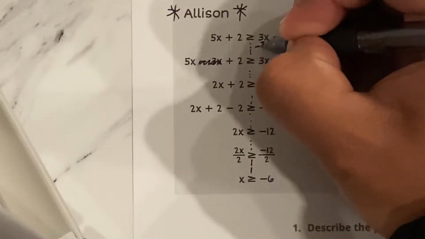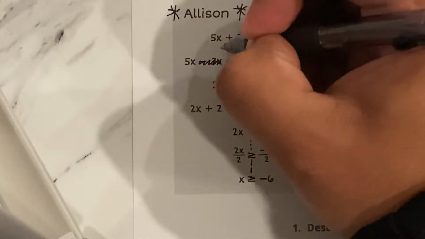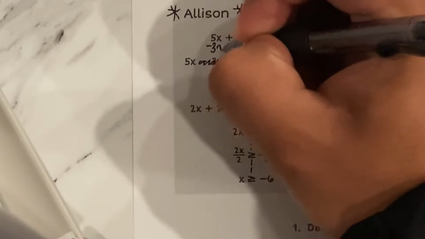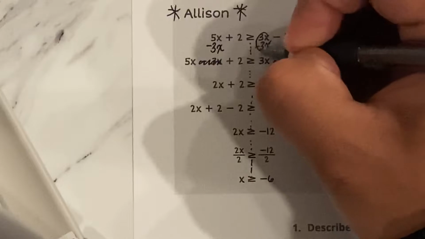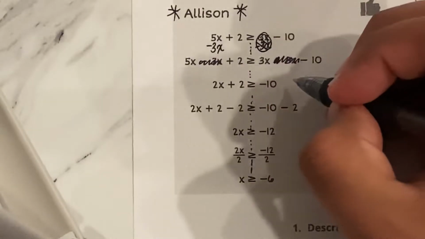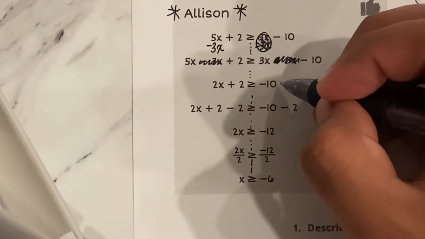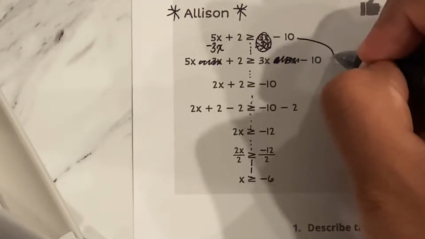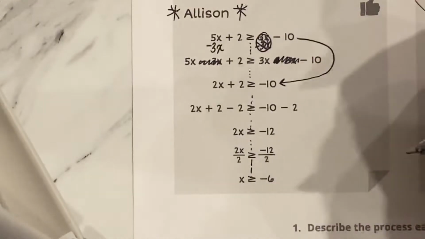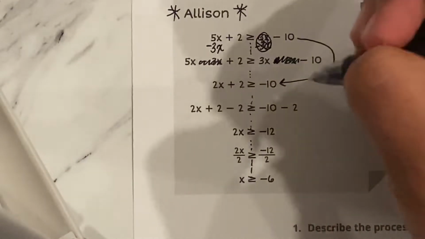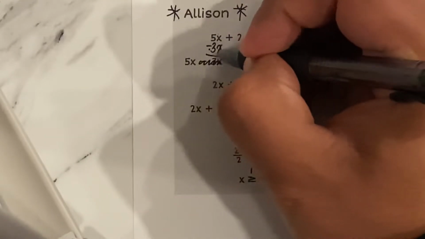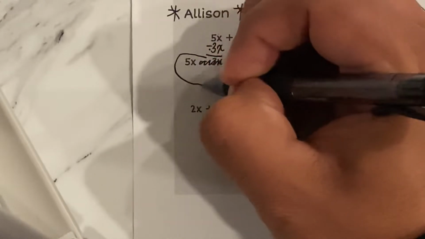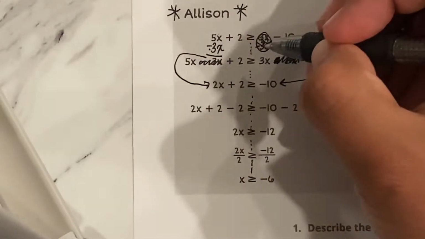She subtracted 3 from the x because they're both x's. 3 minus 3 is 0, which is why you see all of it disappear and it's just -10 at the end. I'll draw a little arrow to show where it went. After that, 5 minus 3 gives me this 2. So I'll draw an arrow around this 5 so we can see where it went.